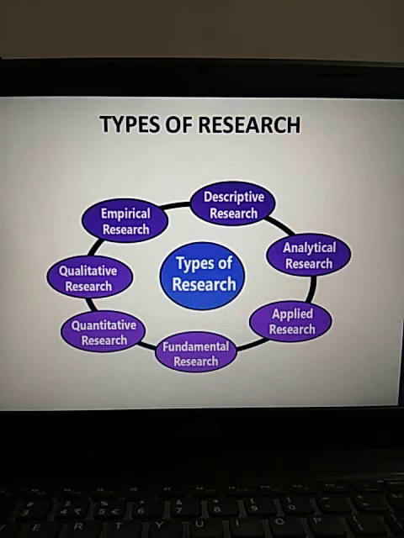These are standard types of research. Besides that, there are many other types. Here we covered almost 11 types of research, but these 7 researches are enough.